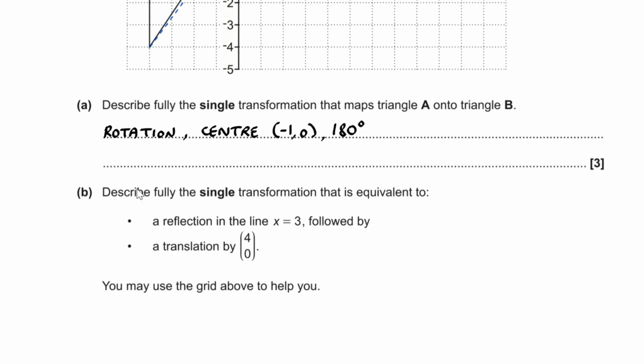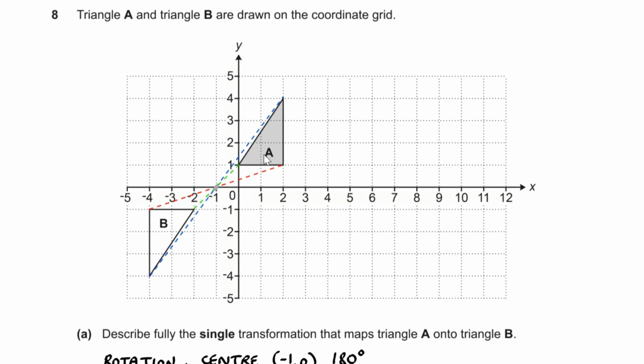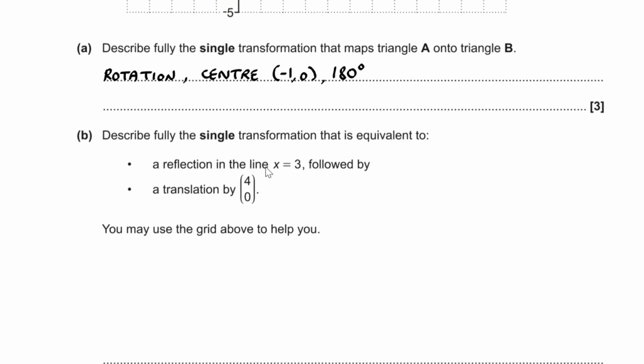And now for part B, we have to describe fully the single transformation that is equivalent to a reflection in the line x equals 3, followed by a translation by (4, 0). You may use the grid above to help you. Well, let us consider transforming triangle A to help us. First of all, we have a reflection in the line x equals 3.